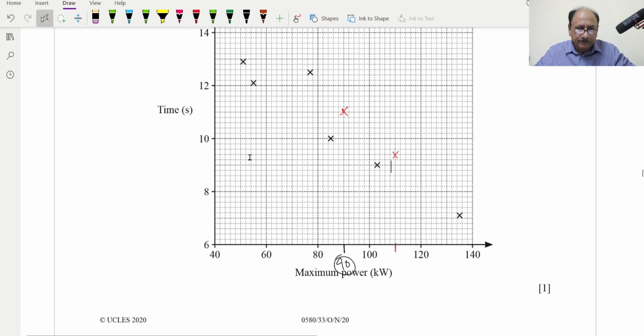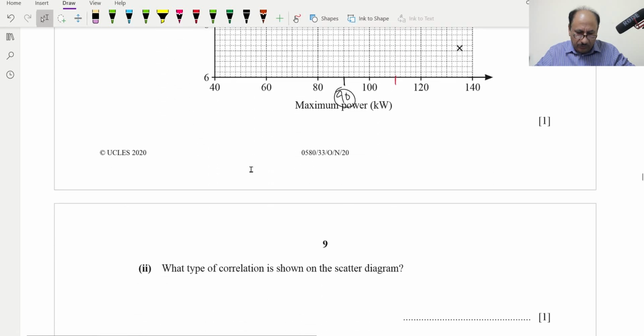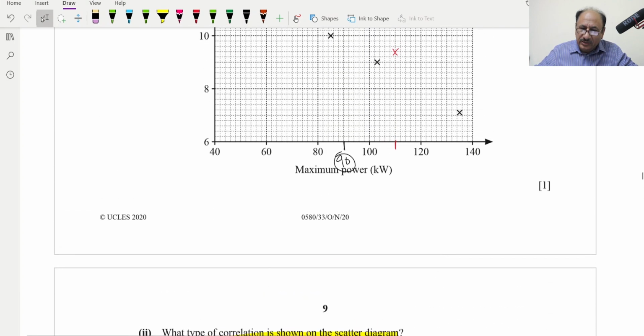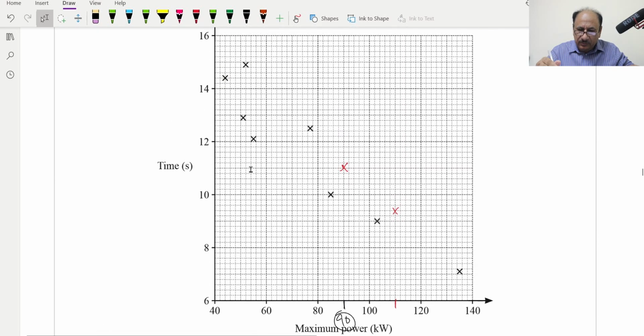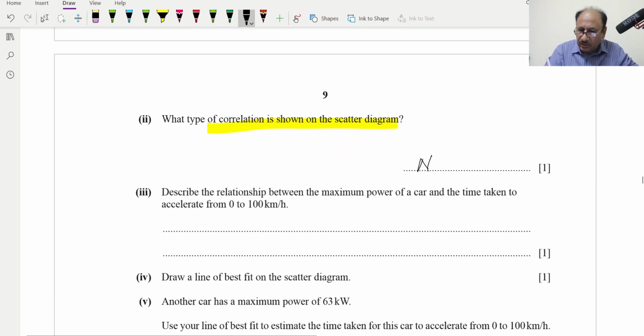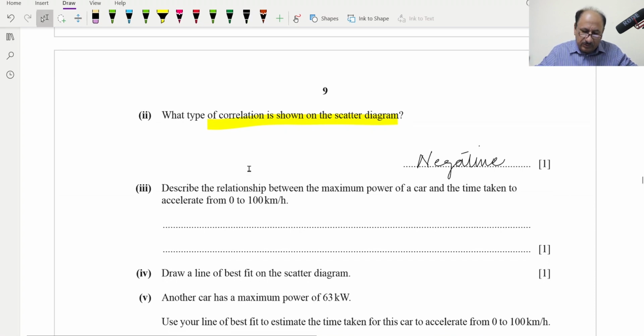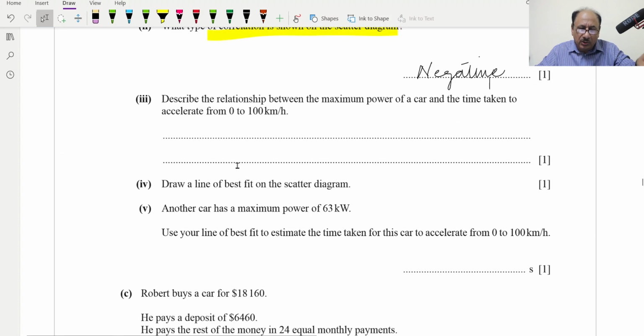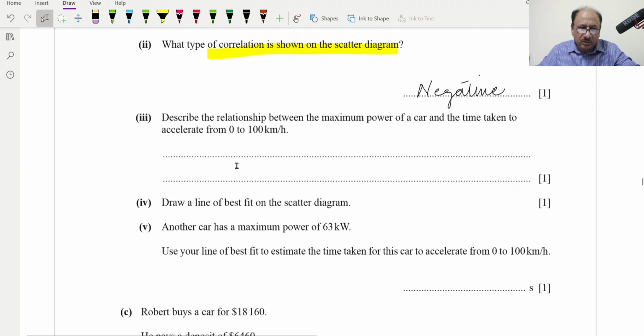Then they are asking, after completion, what type of correlation is shown in the scatter diagram. So for correlation, we know the right side is down and the left side is up, so it is a negative correlation. Then next comes describe the relationship between the maximum power of a car and the time taken to accelerate from 0 to 100 kilometers per hour.